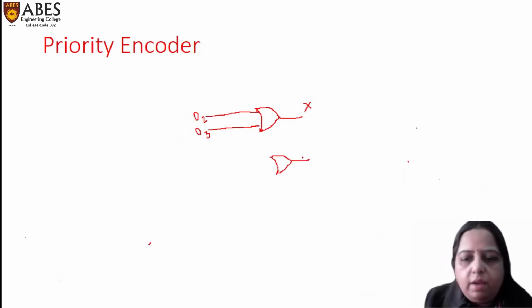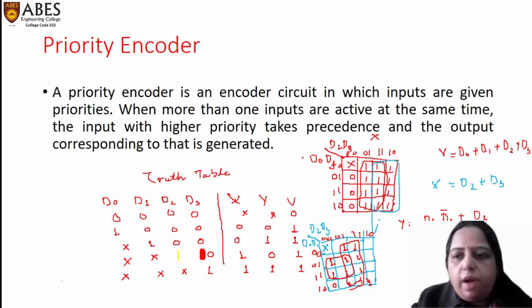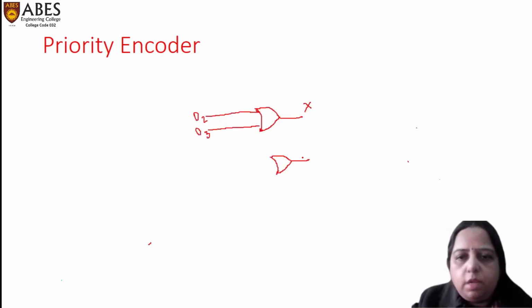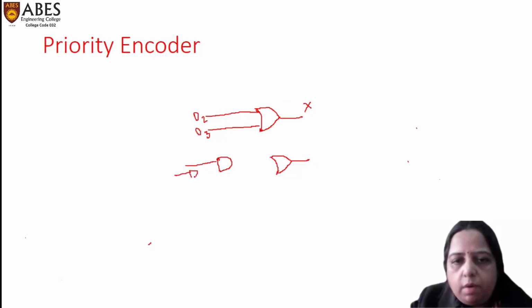For Y, from the previous slide, we can see we have D1 D2 bar plus D3. So we have an AND gate in which we give input D1. D2 bar is obtained with the help of a NOT gate.